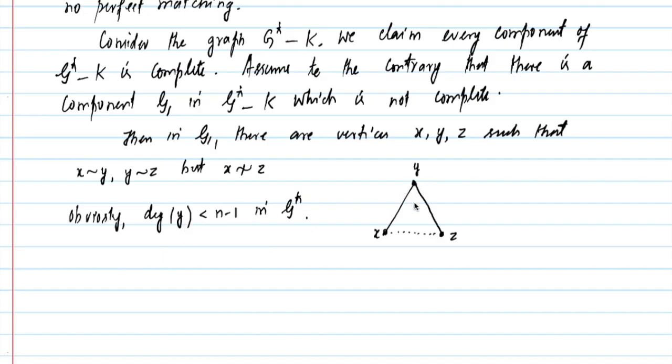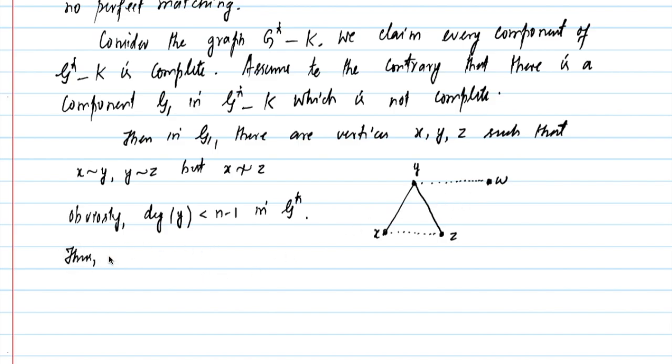In fact the degree of x, which is from G1, must also be less than n minus 1, and the degree of z should also be less than n minus 1. Now since y is adjacent with x and with z, and the degree of y is less than n minus 1, there must exist a vertex, say w, such that y and w are not adjacent with each other.